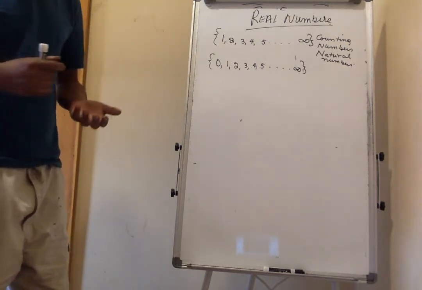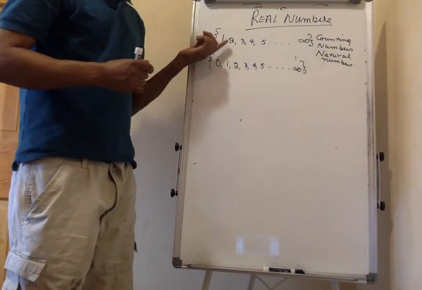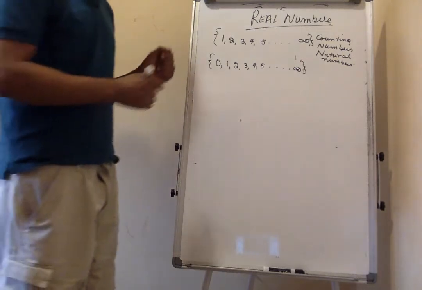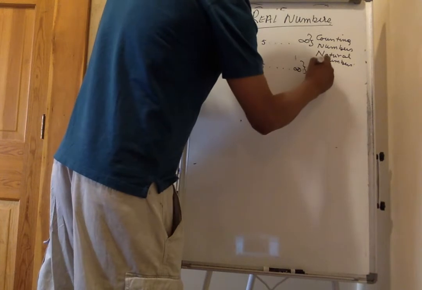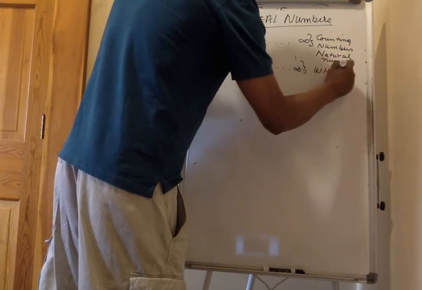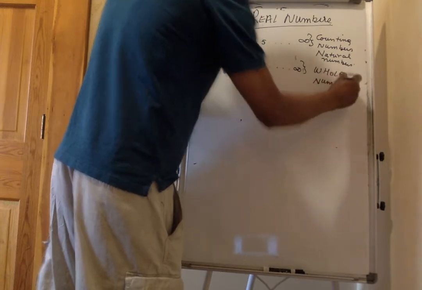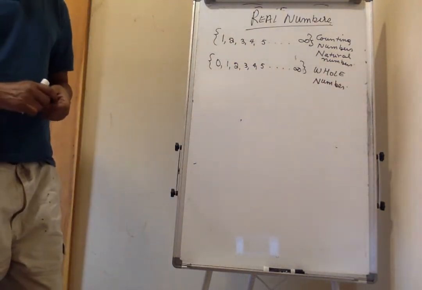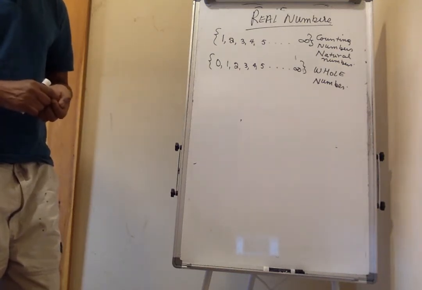You don't count 0, so it's not a counting number. We count 1, but we can't count 0. So we have to give it a different name. Because we added 0 into the counting numbers, now we have whole numbers. Okay. By adding 0 into our counting numbers, we change the terminology, it becomes whole numbers.